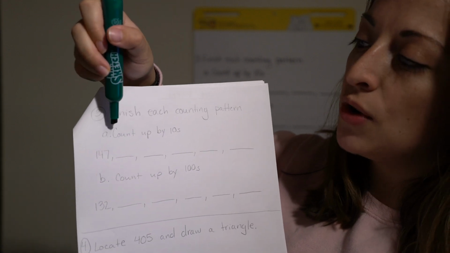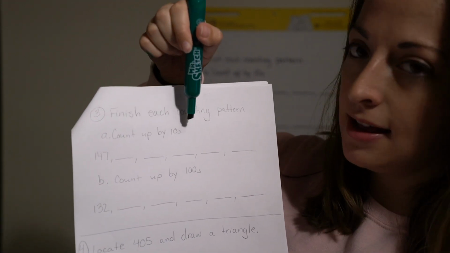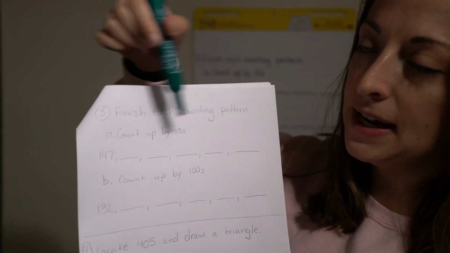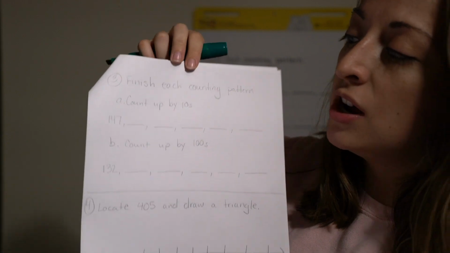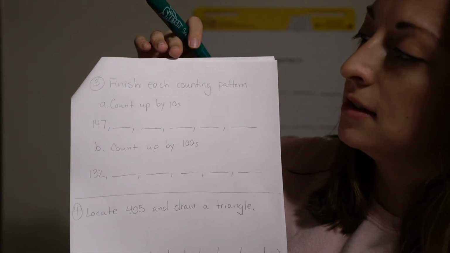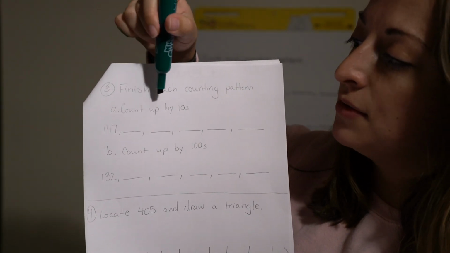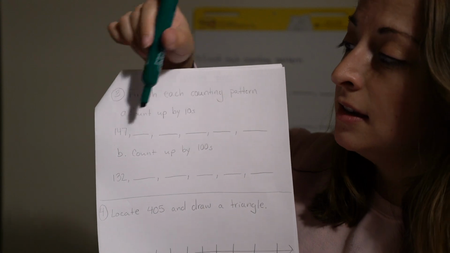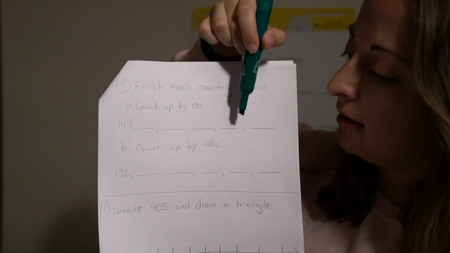Below that, you're going to write A, and you're writing count up by tens, because for this one, you're only counting up by tens. And then below that, you're writing 147 with 5 blank lines. So again, you're writing A, count up by tens, 147 with 5 blank lines.